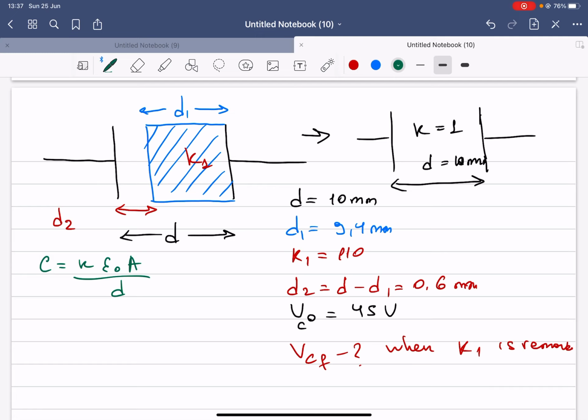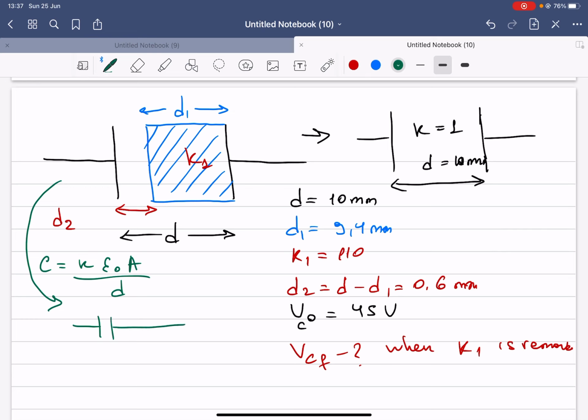This is a formula which can be used now. If we look at this one, it can be considered as two capacitors.